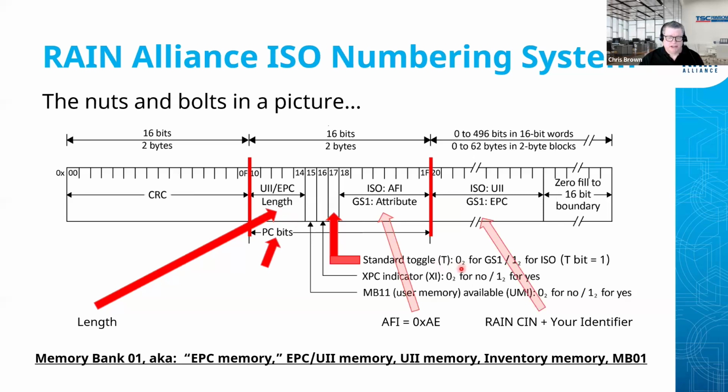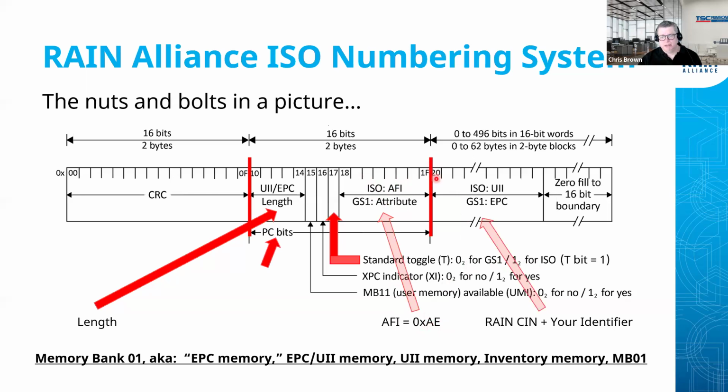Remember, you set it to 0 for GS1 or 1 for ISO. We're doing an ISO encoding, so we're going to set it to 1. Then the last 8 bits of the PC word, or PC bits, are in the ISO world where I put my AFI, my application family identifier. That is alpha echo in this case.